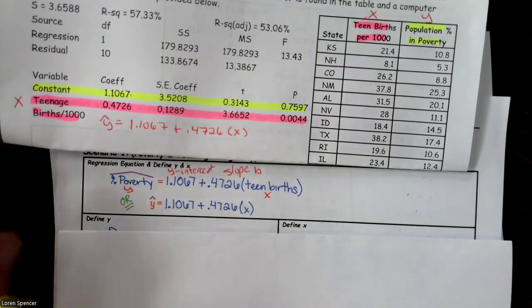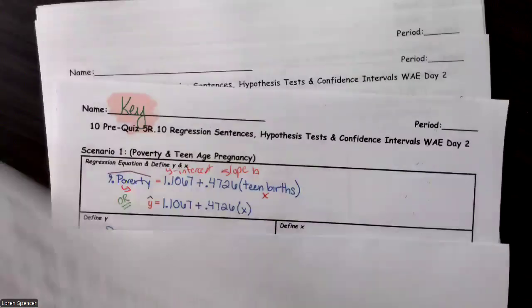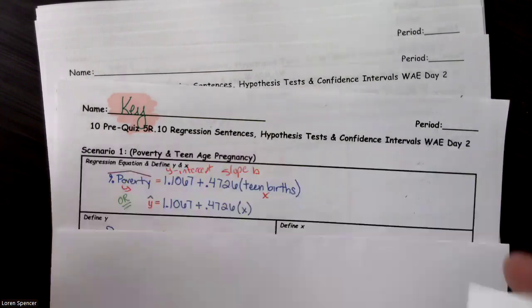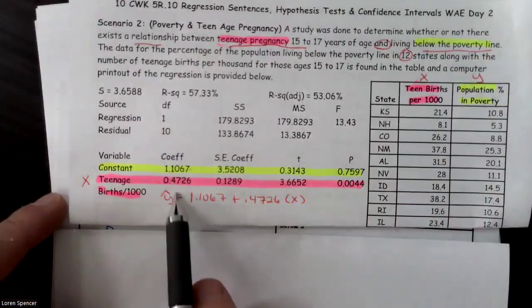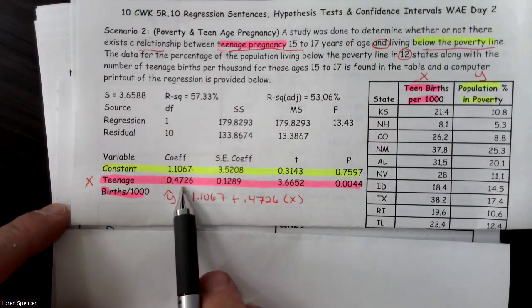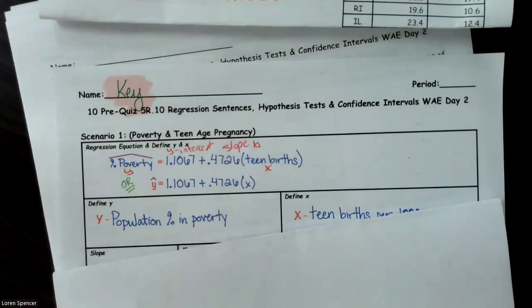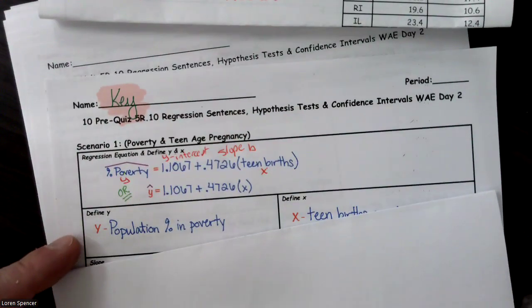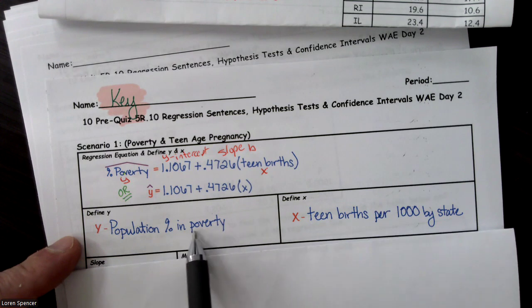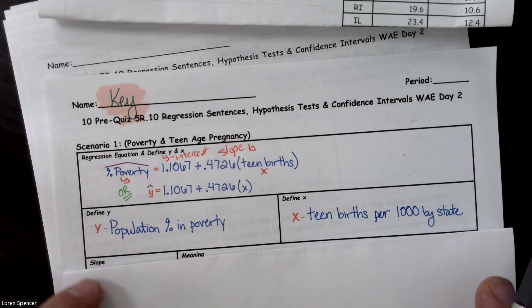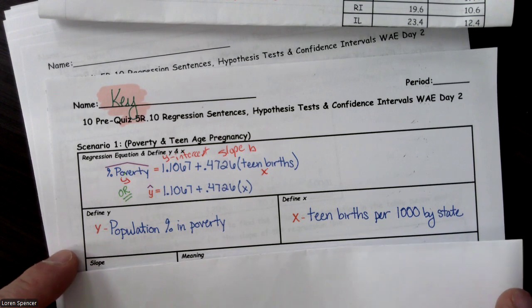The next thing it asks for is to write the slope and explain its meaning in context. I always like to take the slope and put it over 1. By the way, I define my y and my x: percent population in poverty, and percent of teenage births per 1,000, the number of teenage births per 1,000.